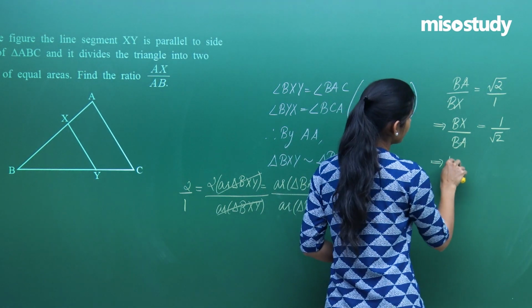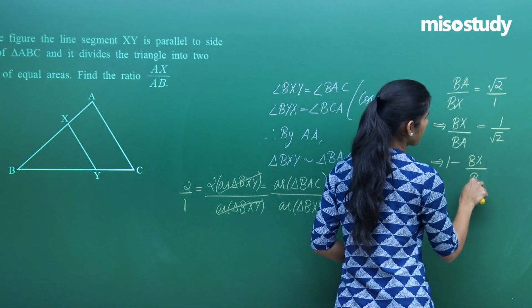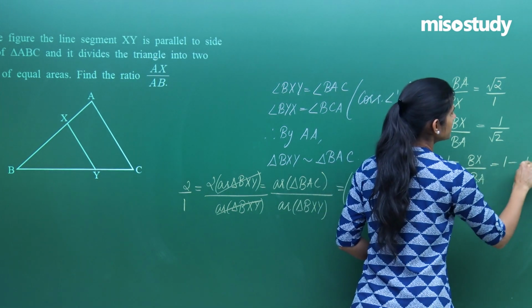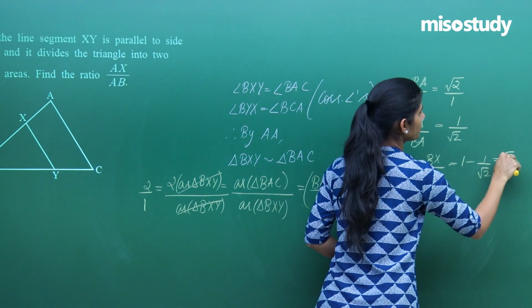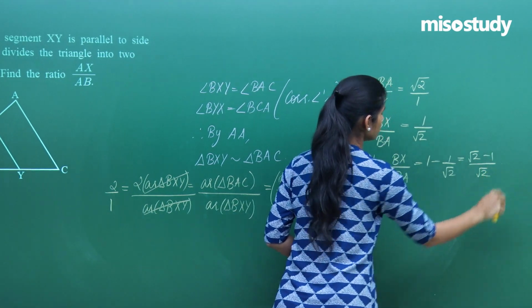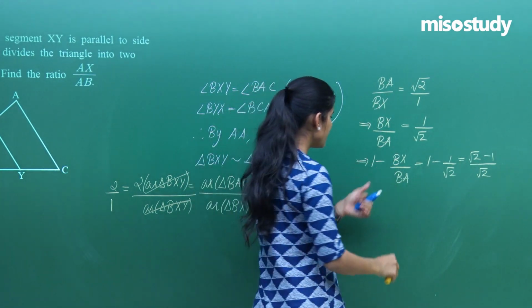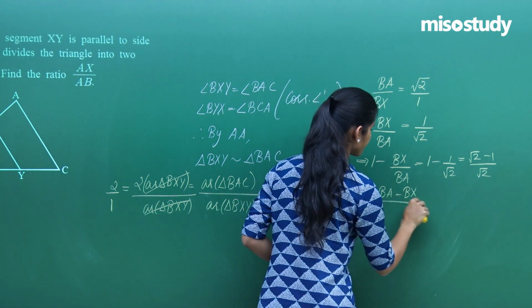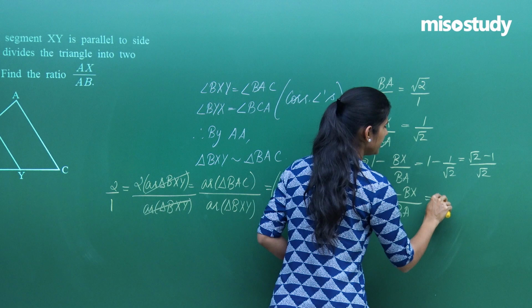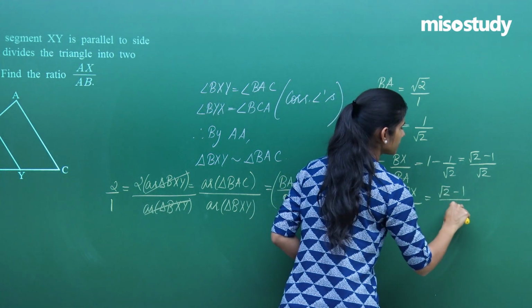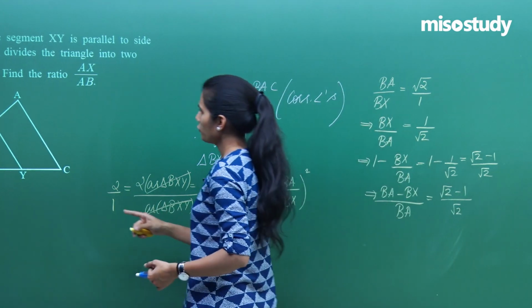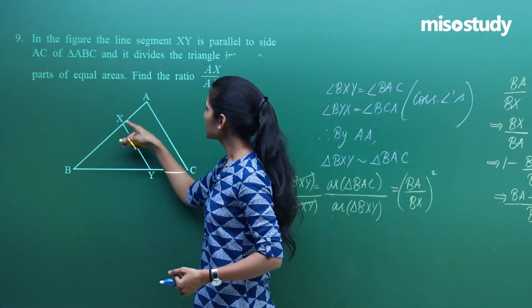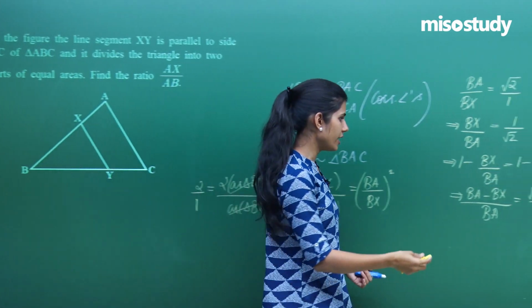So this implies 1 minus BX upon BA is 1 minus 1 by root 2, which is root 2 minus 1 by root 2. What is BA minus BX? From complete BA you remove BX, you are left with AX or XA.